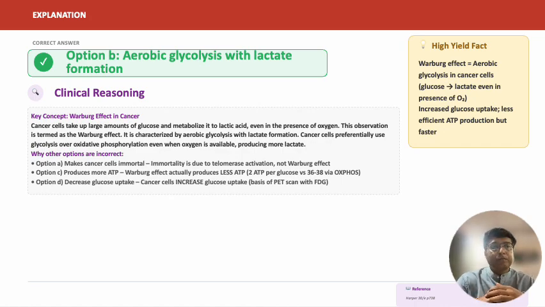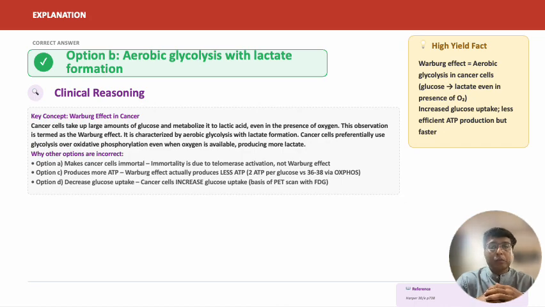This observation is termed as the Warburg effect, and it is actually characterized by the aerobic glycolysis with lactate formation. Cancer cells actually use glycolysis over oxidative phosphorylation even when the oxygen is available, and produce more lactate.